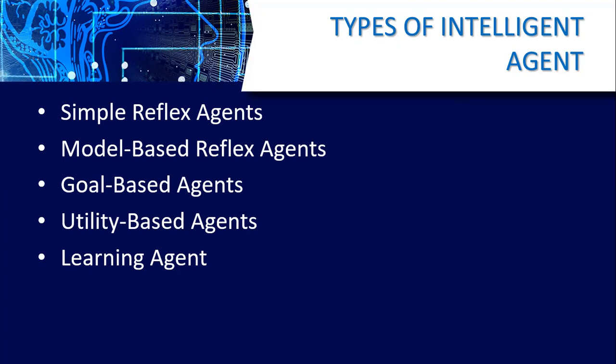The types of intelligent agents are: simple reflex agents, model-based reflex agents, goal-based agents, utility-based agents, and learning agents.